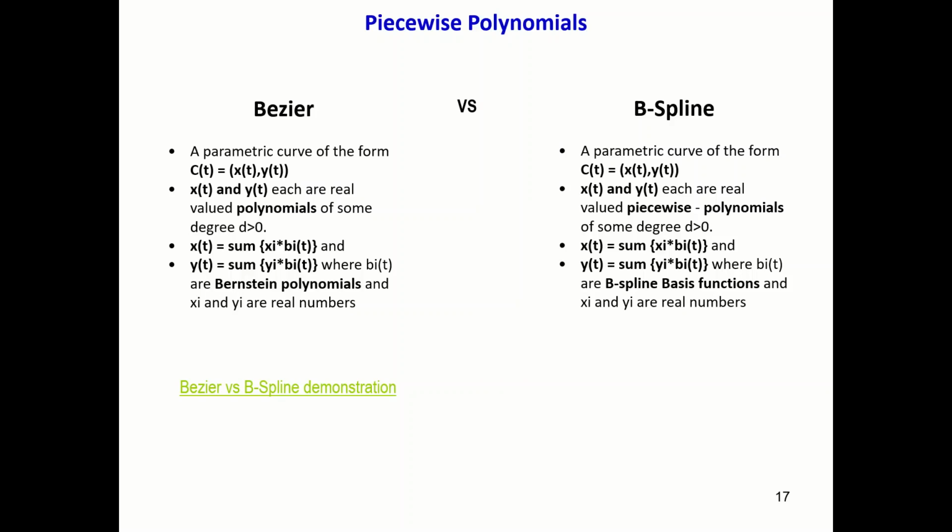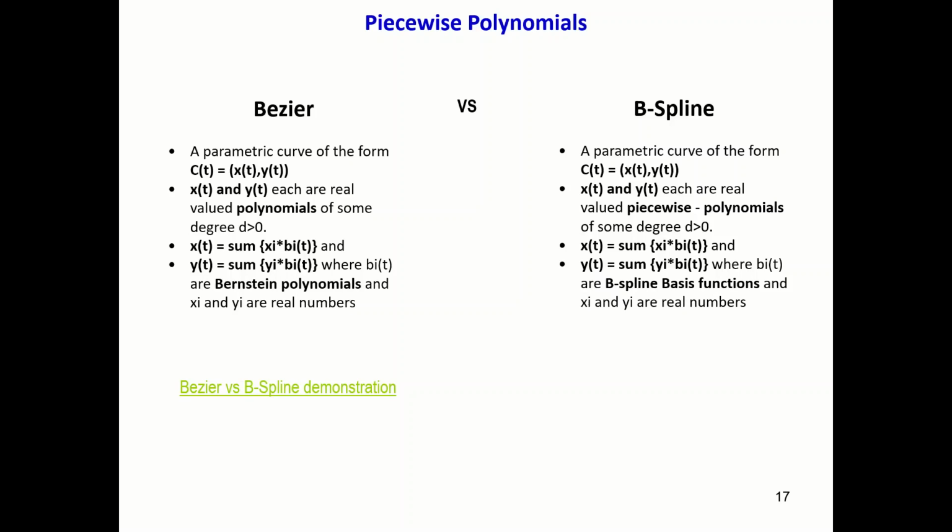Where we have x(t) equals the sum of x_i b_i of t and y(t) equals the sum of y_i multiplied by b_i of t, where b_i(t) are Bernstein polynomials and x_i, y_i are real numbers.